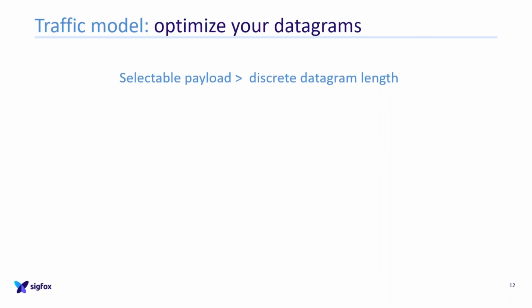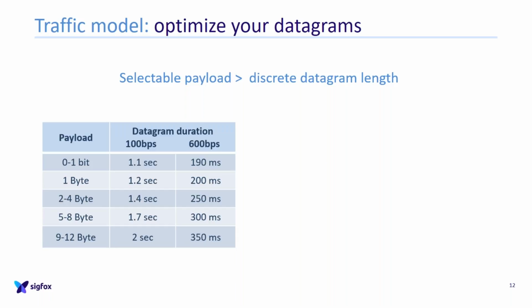This one is a bit anecdotic, but it's one of the details that a lot of people don't know, is that in fact you can, and you should, optimize the usage of your datagrams, because in Sigfox you can select the payload length. So let's say the library API allows you to select freely the payload length between 0 and 12 bytes. But in fact, behind this selection is a fixed, discrete datagram length.